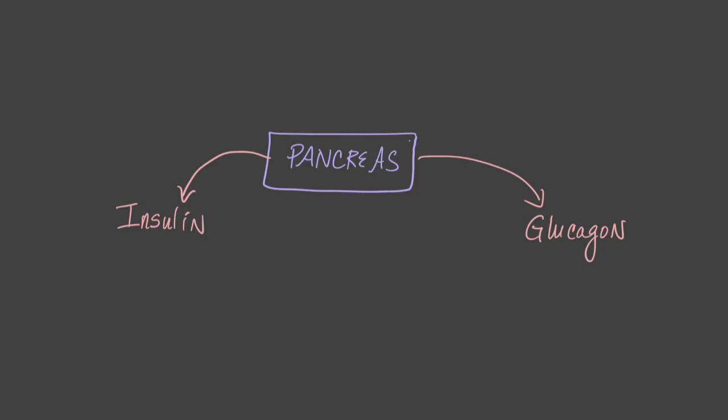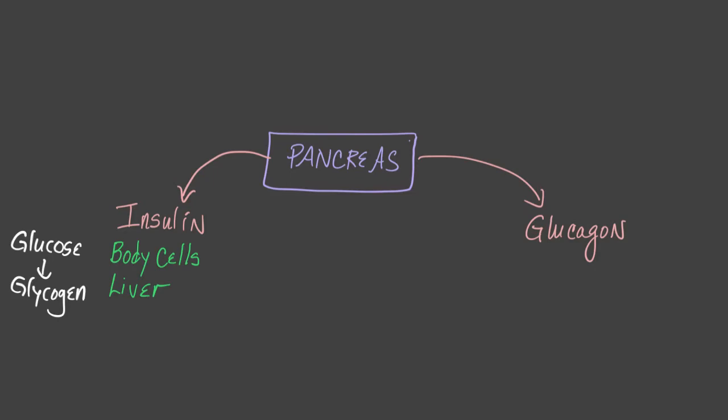To counter this, the pancreas will release insulin. Insulin helps to take the excess blood glucose and put it into the body cells where it can be used as fuel. It will also put some of that glucose into the liver so that the excess glucose can be converted to glycogen, which is a polysaccharide, and stored for future use.